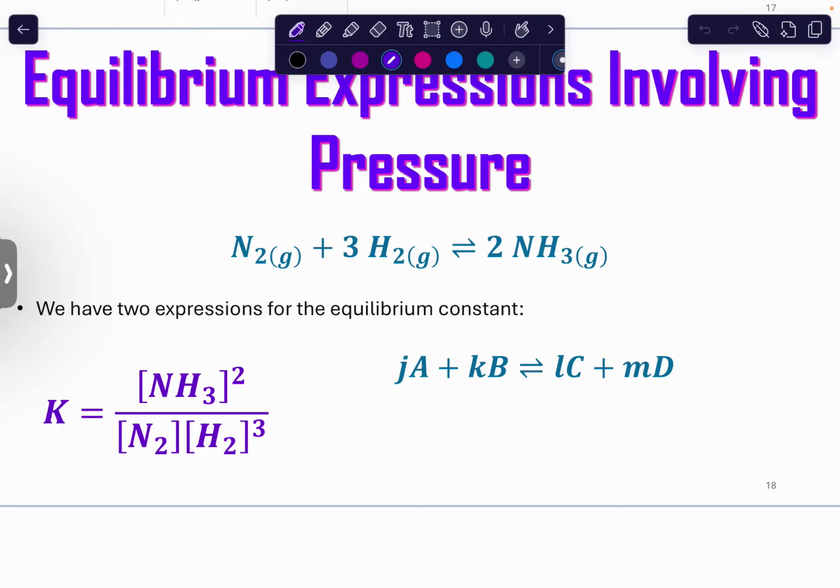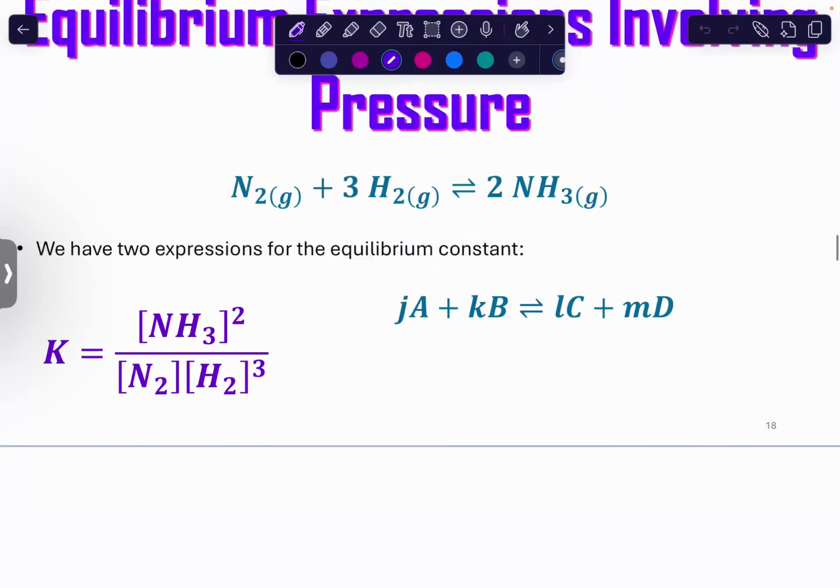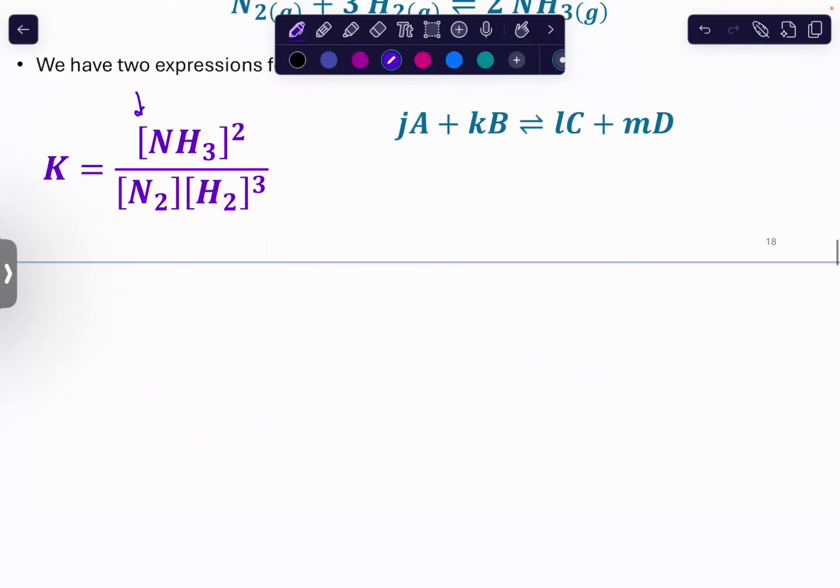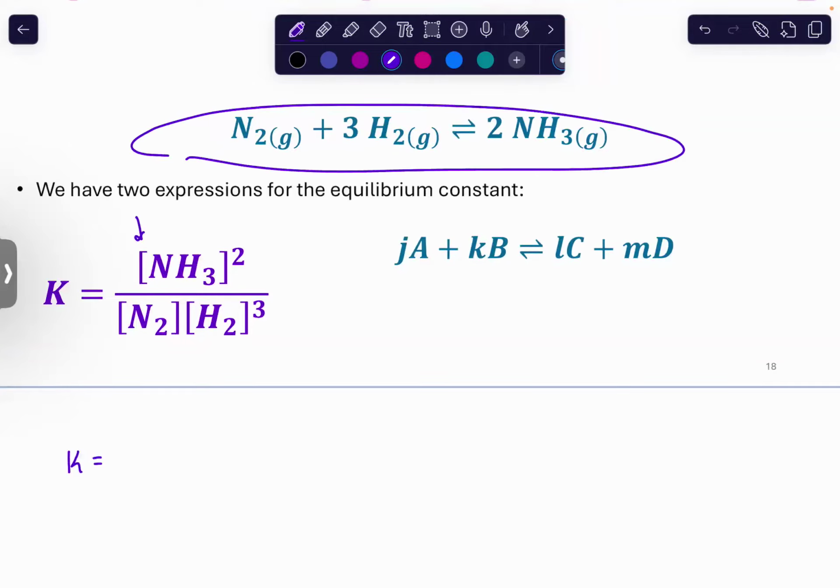I was going to do a thing, now I don't feel like it. So I'm just going to tell you what it is in terms of pressures. So this here, of course, is concentrations. You can use pressures, so let's say we use this same equation here.